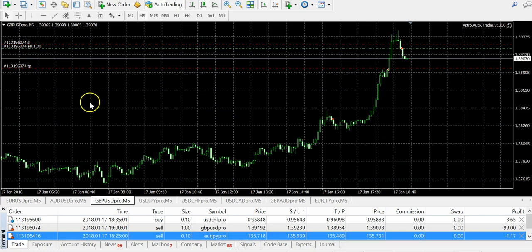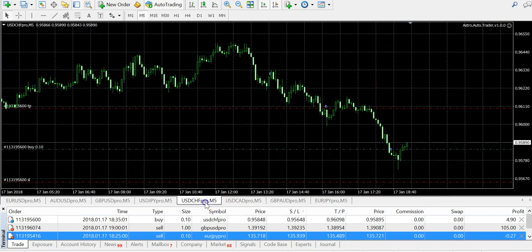Here we have a sell trade, one lot size, and it is in the money for now. Here we have this one in the money, but it's 0.10 lot size.